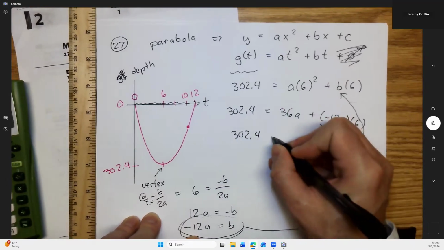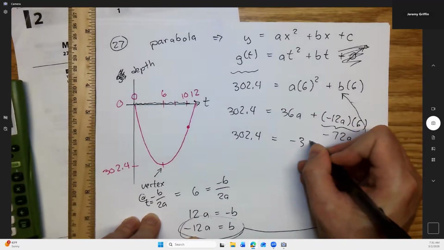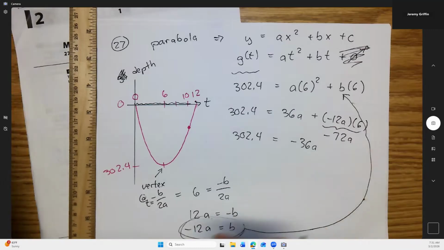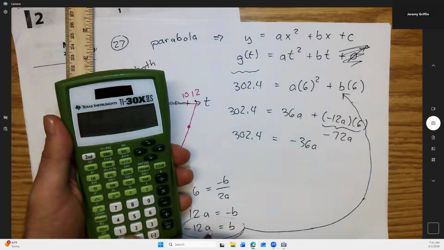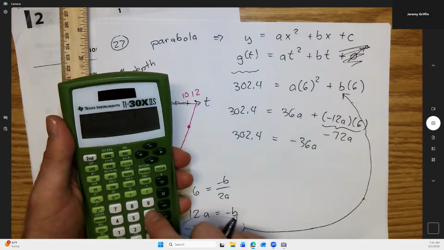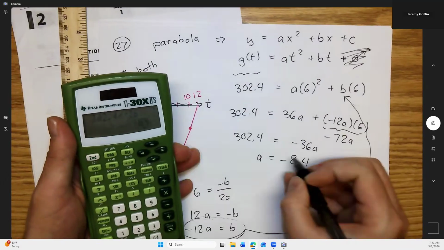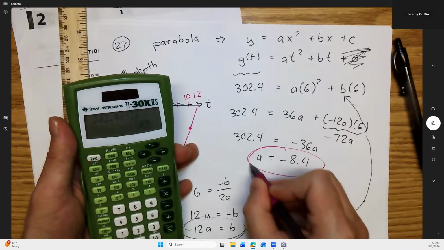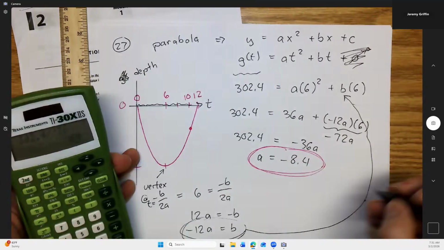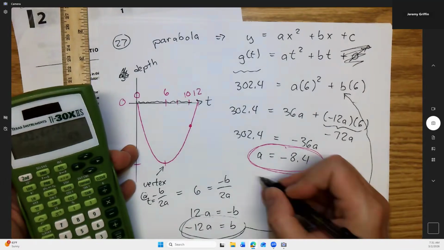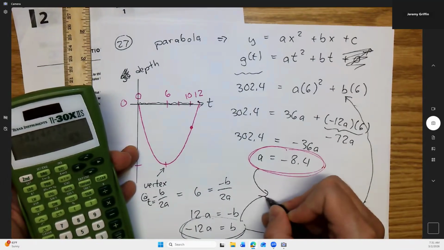So 302.4 equals negative 36a, and 302.4 over negative 36 gives a equals negative 8.4. That's a key number to have. Now combine that with the earlier relationship, and we'll get b.